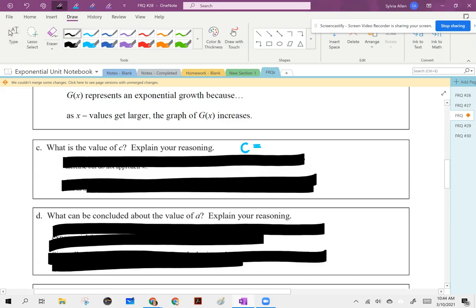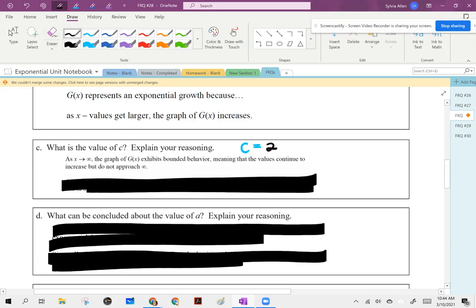Okay, C is going to equal 2, and that is just simply for the fact that that's going to be the horizontal asymptote. But this is just the idea. So here it says, as x approaches infinity, the graph of g of x exhibits bounded behavior, meaning that the values continue to increase but do not approach infinity.